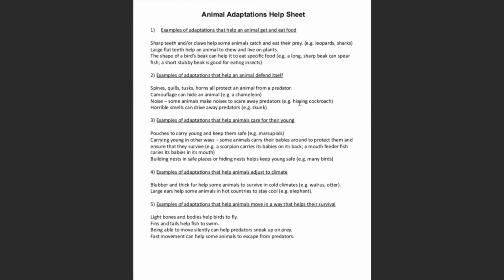I'm going to be using some colored pencils. You might also want this animal adaptations help sheet to remind you of some of the adaptations that real animals have to survive when we are going through our activity. We'll be looking at these adaptations individually during this lesson.